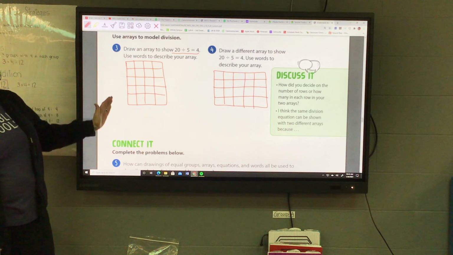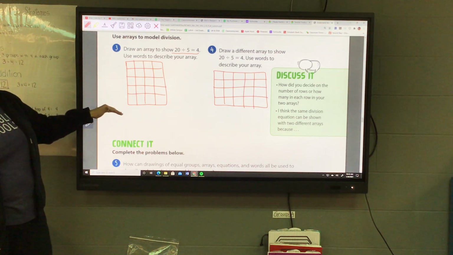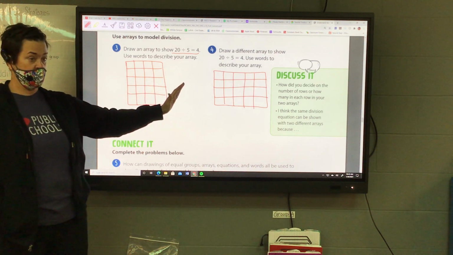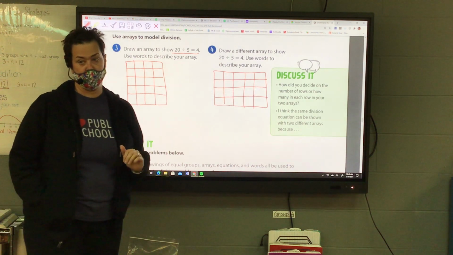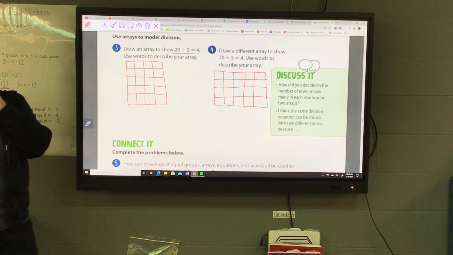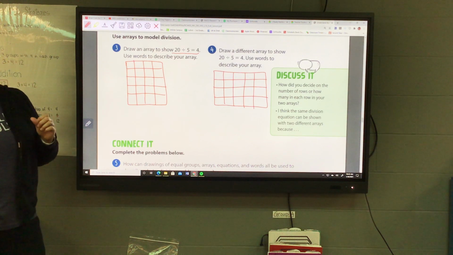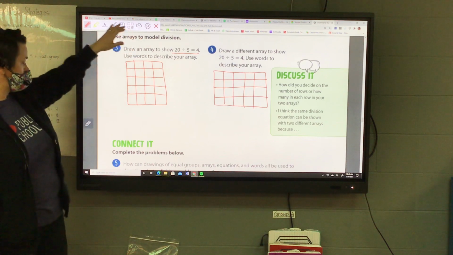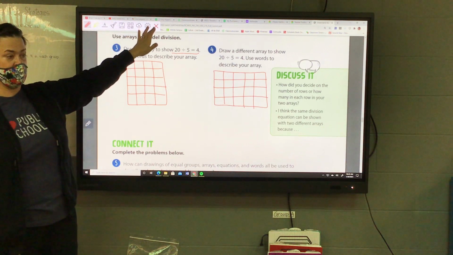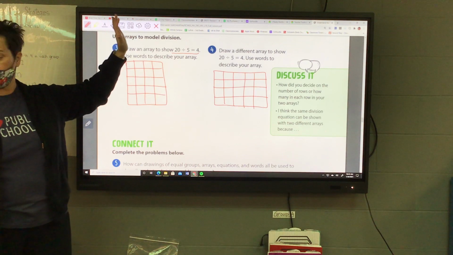If your first array looked like this, 5 by 4, your second one will be 4 by 5. Everybody have theirs completed? Because I need to X out of that to be able to slide my page up.